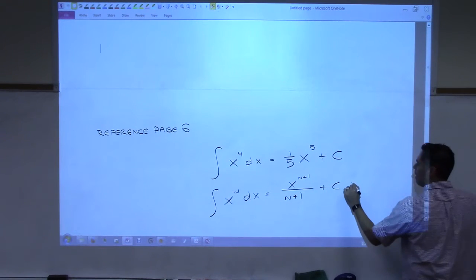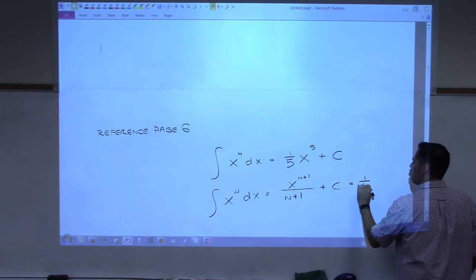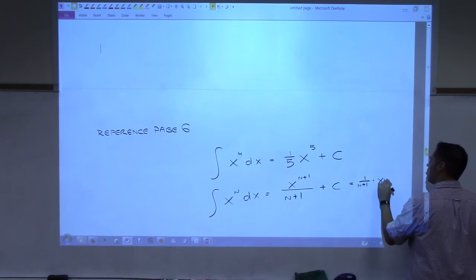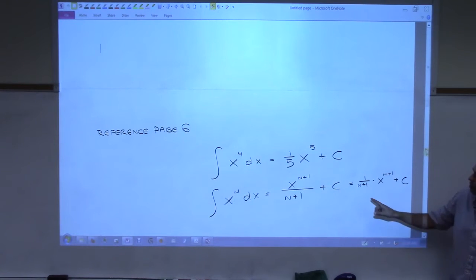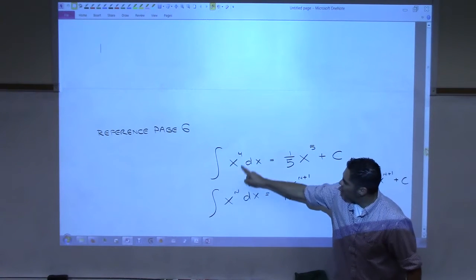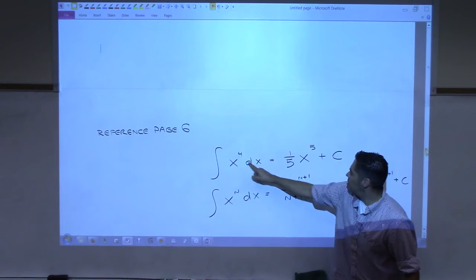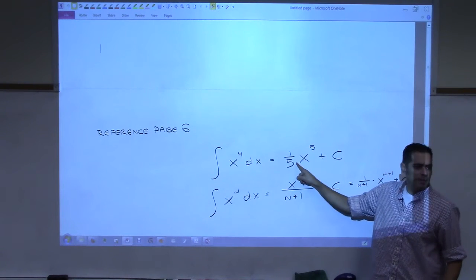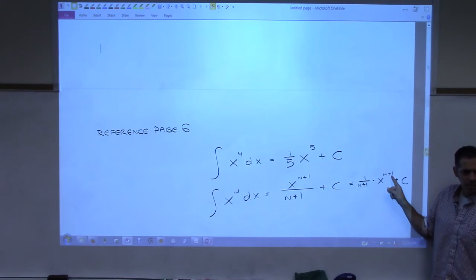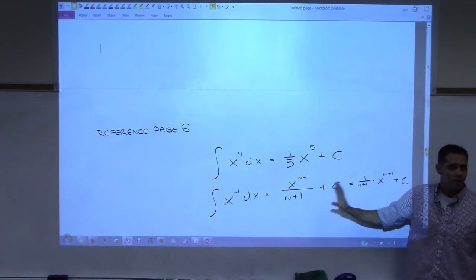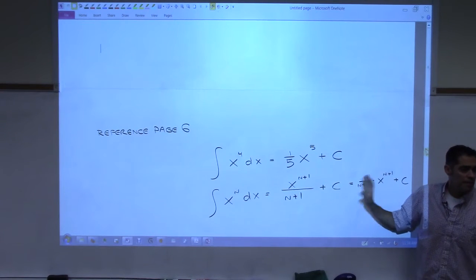Another way of writing that would be 1 over n plus 1 times x to the n plus 1 plus c. So you see, in this problem, n is 4 here, right? So 1 over 5 is the same as 1 over 4 plus 1. 4 plus 1 is 5. So you're going to have 1/5 out front, x to the 5th. Understand? Plus c. That's the general formula for finding antiderivatives of powers of x.